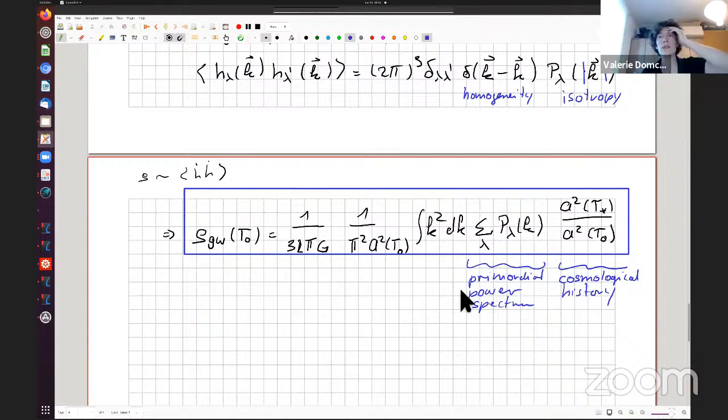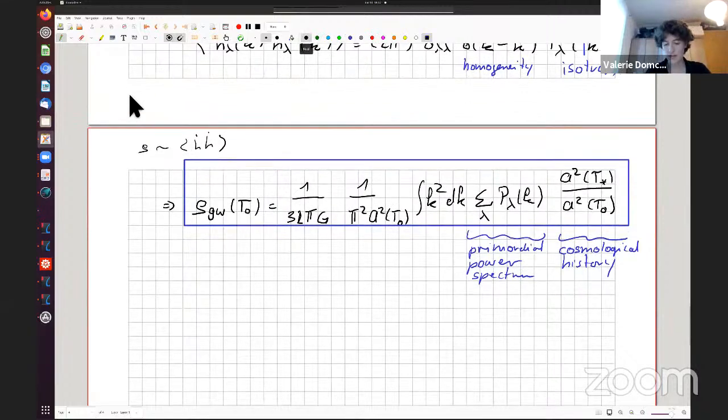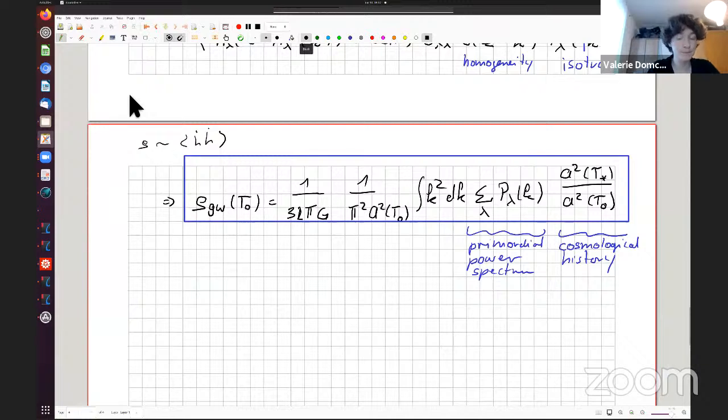But one should also always keep in mind the possibility that maybe we don't actually entirely know our cosmological history, and so you could be misinferring things. But you could also hope to, at some point, have a good understanding of the primordial spectrum, and then you could use this relation to infer the cosmological history. But at the end of the day, we are convoluting two unknowns here. So it's a non-trivial exercise to actually reliably extract physics here.